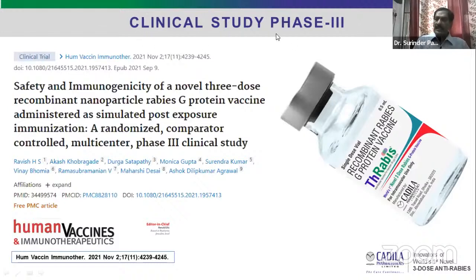Then a clinical stage study, phase 3, was there. Safety and immunogenicity of a novel 3-dose recombinant nanoparticle rabies G protein vaccine administered as simulated post-exposure immunization, a randomized comparator controlled multi-center phase 3 clinical study. This again was published in Human Vaccines and Immunotherapeutics Journal.